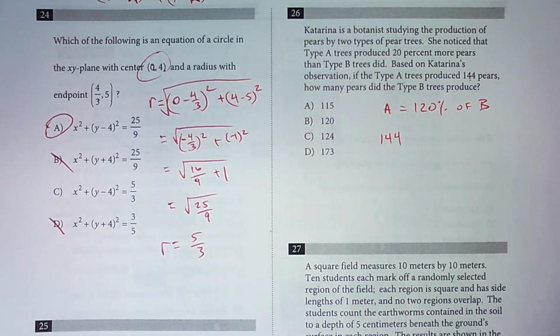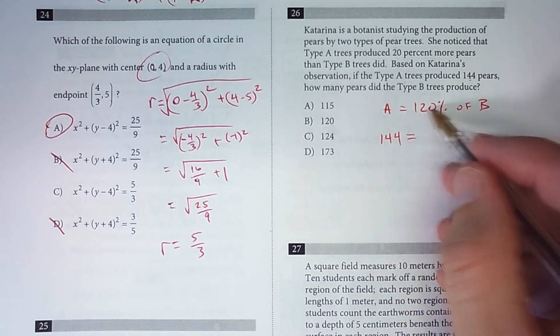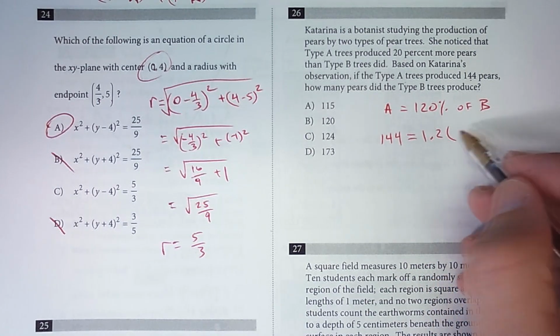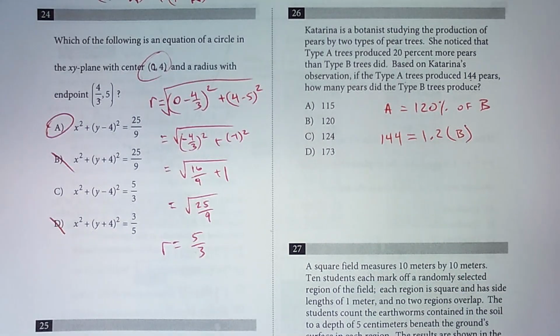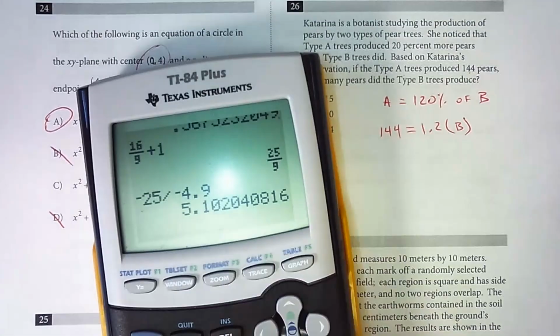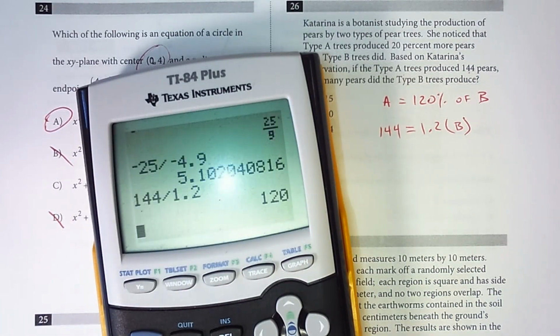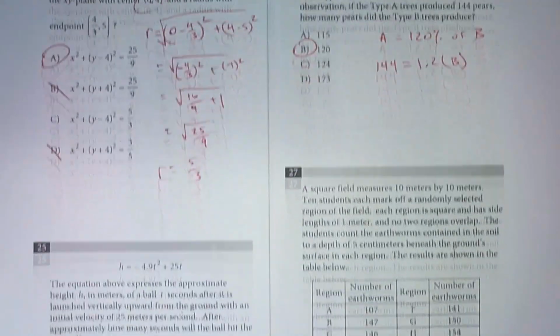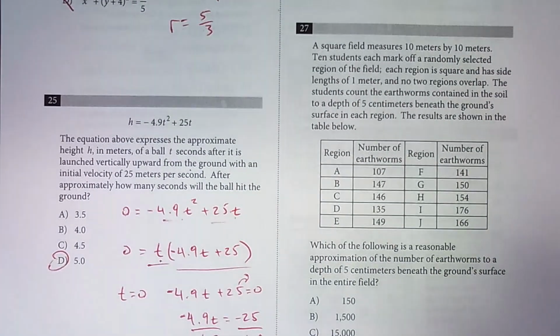Type A trees did 144 pears. That equals 120%, or 1.2 times type B trees, which we don't know yet. But we can divide by 1.2: 144 divided by 1.2, and we see that type B trees produced 120 pears.